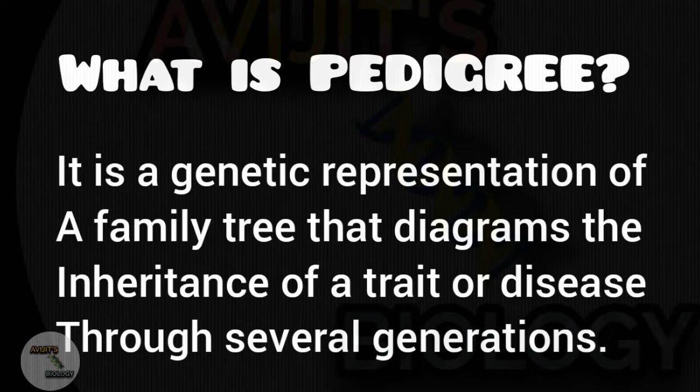Means by observing a pedigree chart, you can know how a particular characteristic is inherited through generations and how a disease is spread through generations. Means we can know the type of inheritance of that disease or the trait.